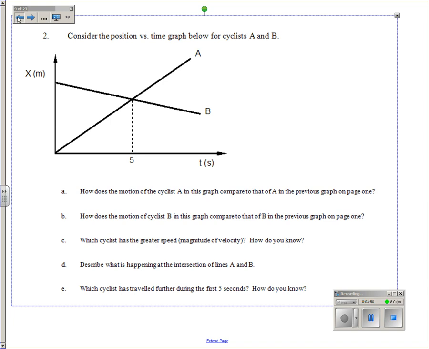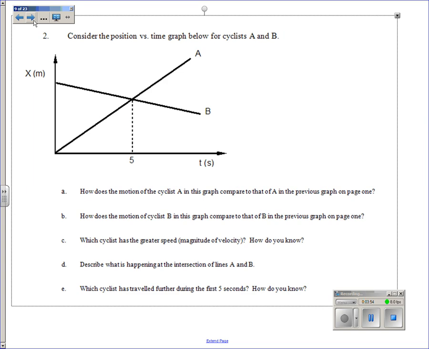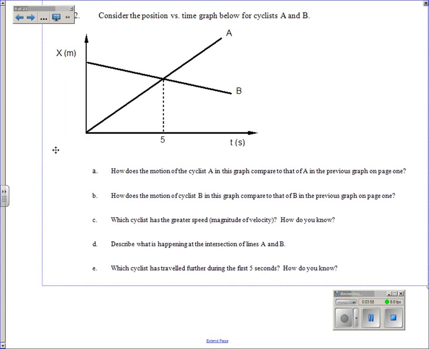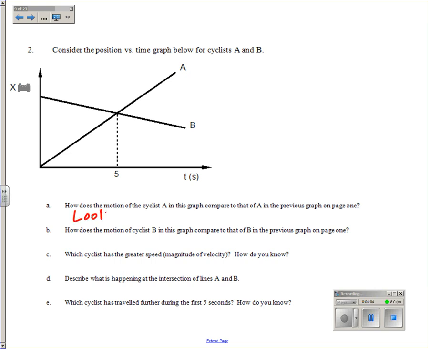Well, if you toggle back and look at graph A, they really look like they have the same intercept and similar slopes. So it looks the same. They have the same initial position. They have the same average velocity.